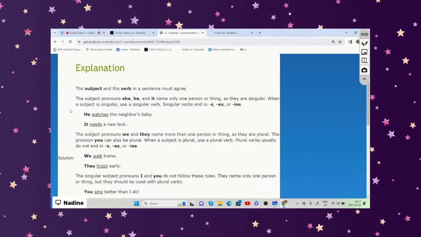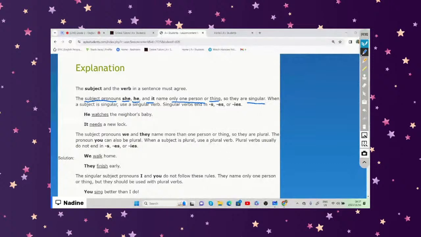It says the subject pronouns, which are she, he, and it, name only one person or thing, which means that they are singular.